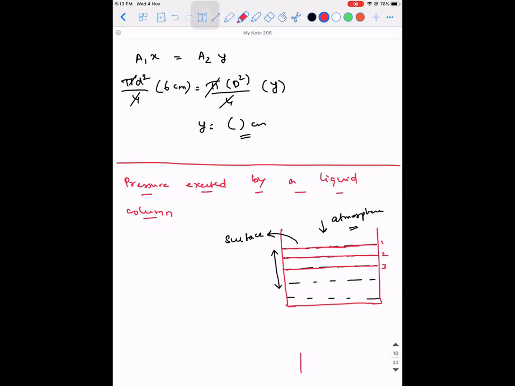See, I have a book. The book is kept on a table. Now I keep another book on top of it, another book on top of it. I call these the first book, second book, third book. And there is another scenario like this.